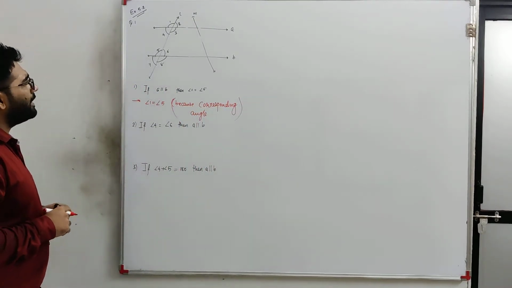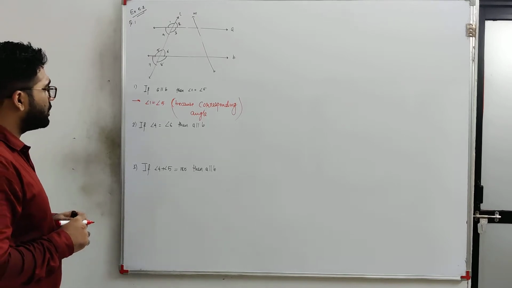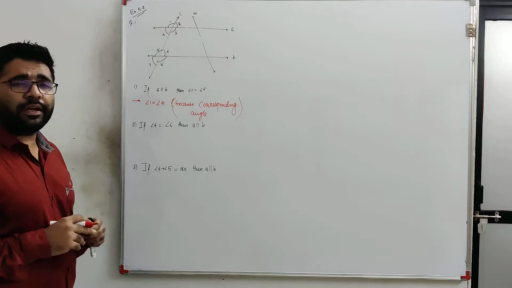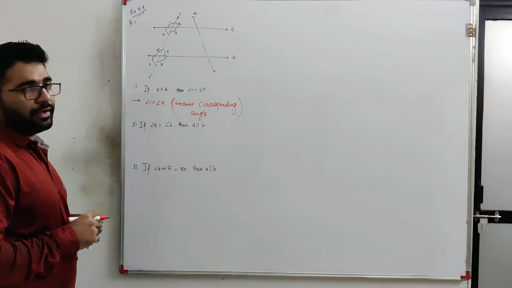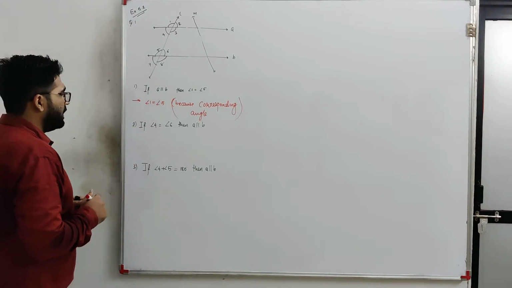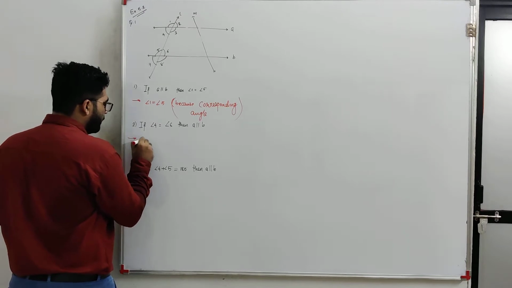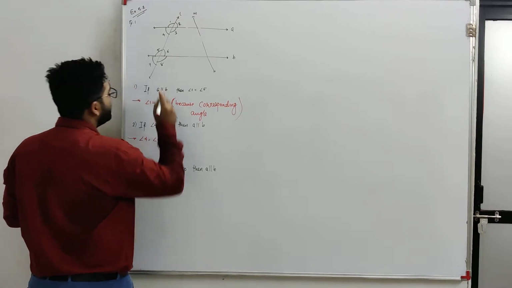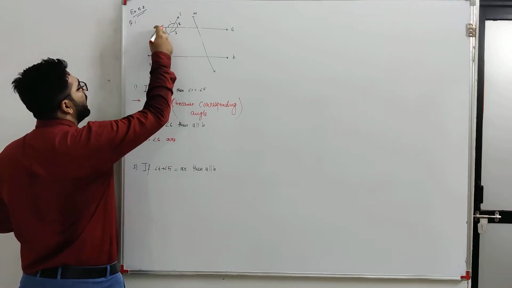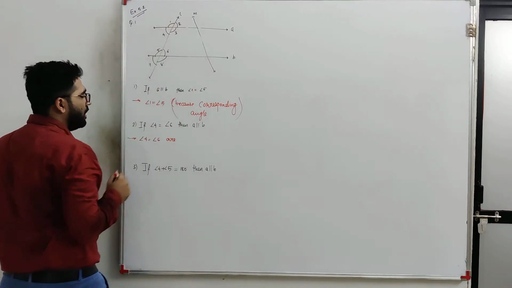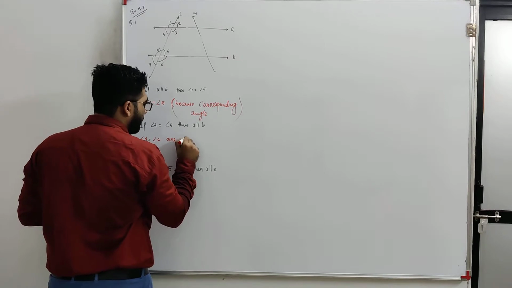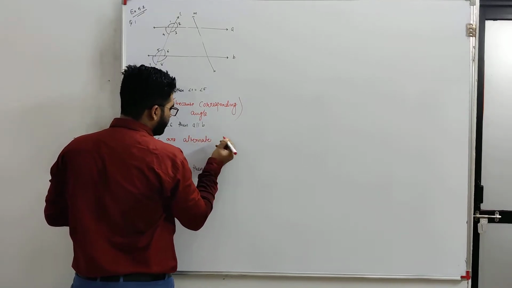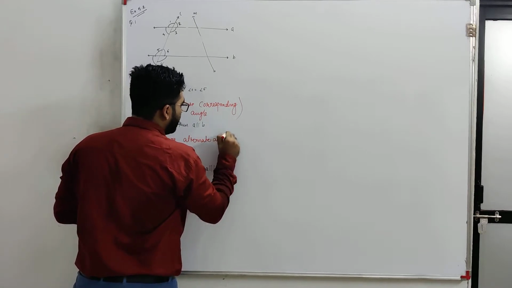In the second question, if angle 4 is equal to angle 6, then A is parallel to B. Angle 4 and angle 6 form the shape of a Z, so they are alternate angles, and alternate angles are equal.